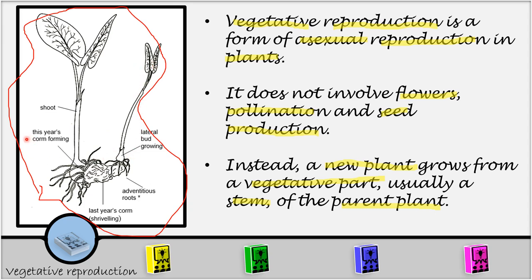Now here we have this year's corm forming. This one is a corm that has already been formed. It came from a bud, and the bud was a part of last year's corm. And when it grows, it turns into a new plant, which we have as a shoot here. This one is also a new plant that is coming from a bud developing from the stem of last year's corm.